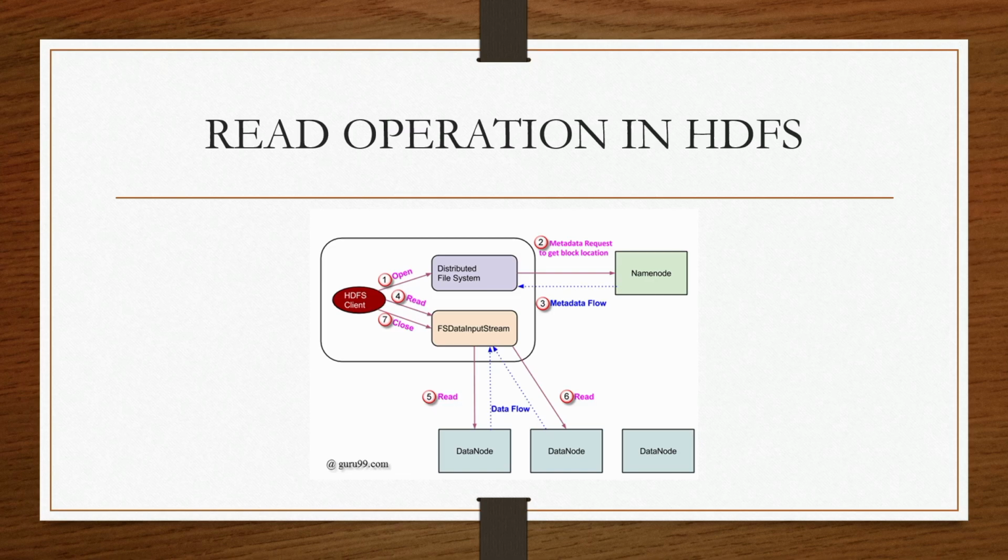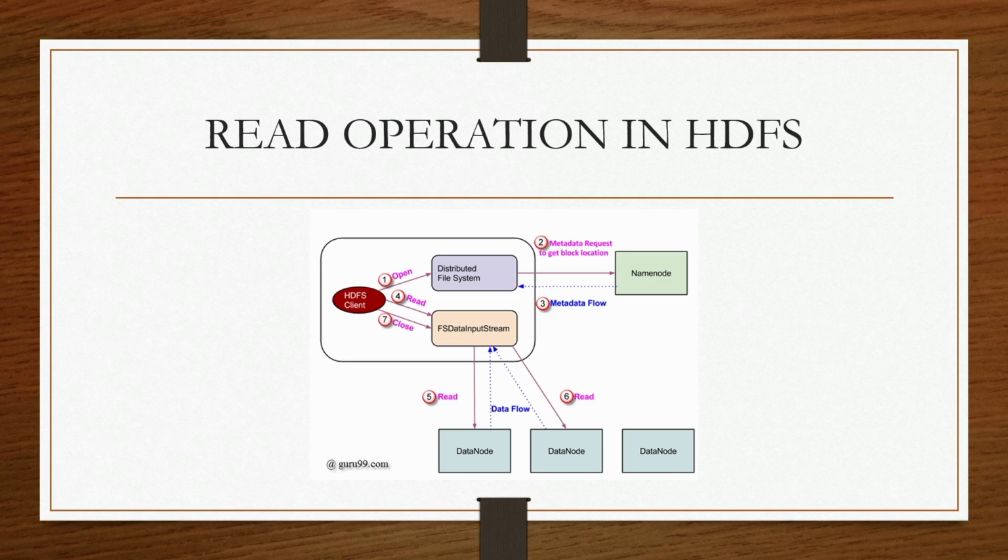The FSDataInputStream contains the DFSInputStream, which takes care of the interaction with the data node and the name node. In step 4, as shown in the diagram, a client invokes the read method, which causes the DFSInputStream to establish a connection with the first data node with the first block of the file.